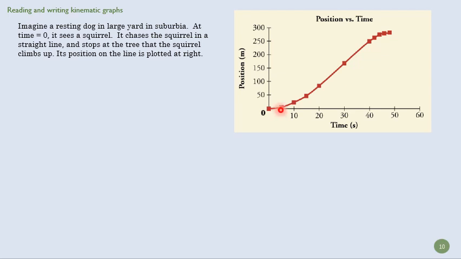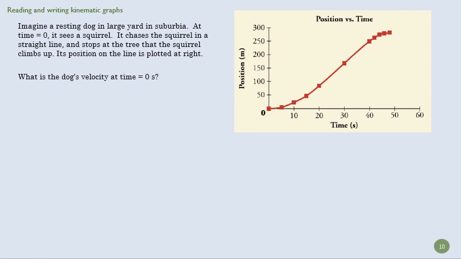Even though you look at this and think, oh, he's got a curvy line, he's running swervy, he's not. This is all in the X direction. It's his position in the X direction. We're not looking at a map of where he's gone, okay? So at 10 seconds, he's 20 meters in that straight line. At 30 seconds, he's gone 150 meters in that straight line.